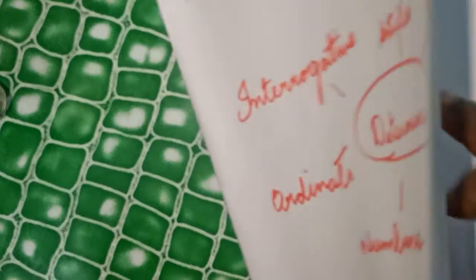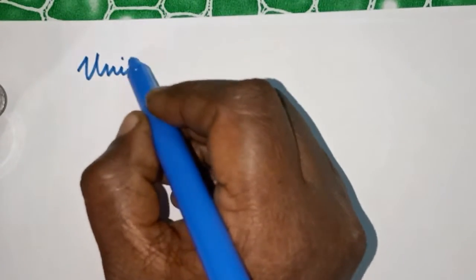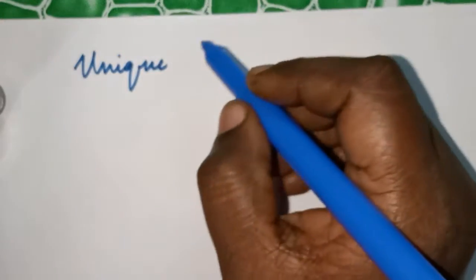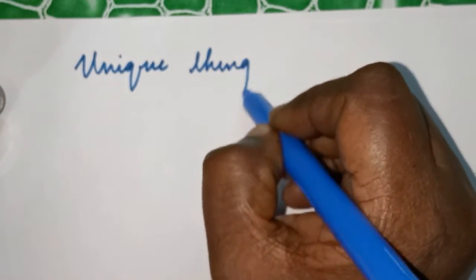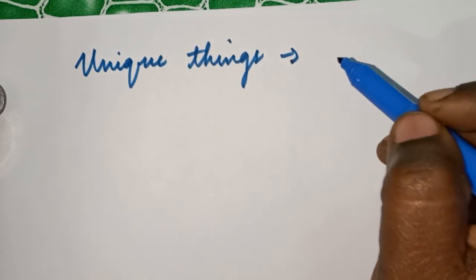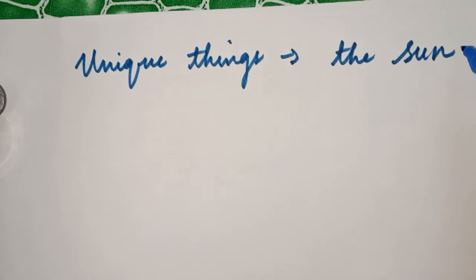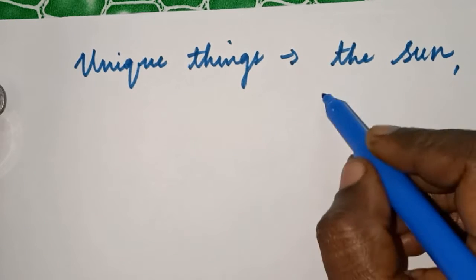And the next thing is, for unique things we use the specific article the. Unique things in the sense of which there is only one in the universe. The sun, the moon, the Ganga, the Ramayana.